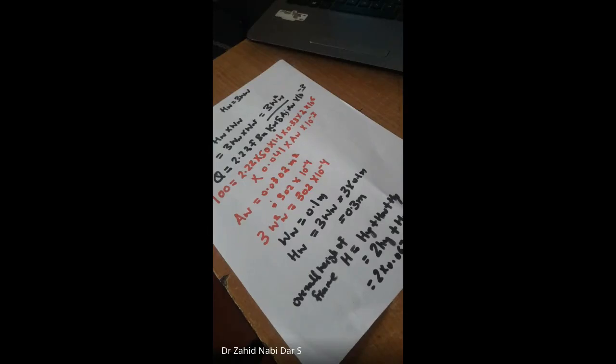Why? Because in shell type there are three legs, and in core type there are only two legs. When there are only two legs, you are taking from one central limb to another central limb, so you are left with only half of A and another half of A. So it would be WW plus A, wherein the height would remain the same.